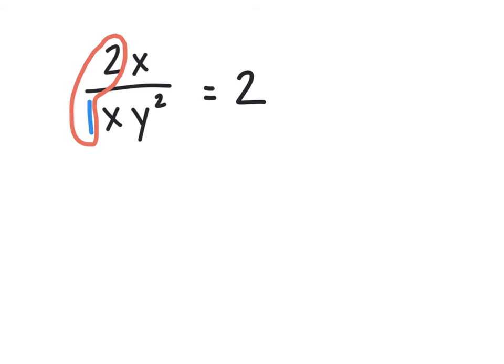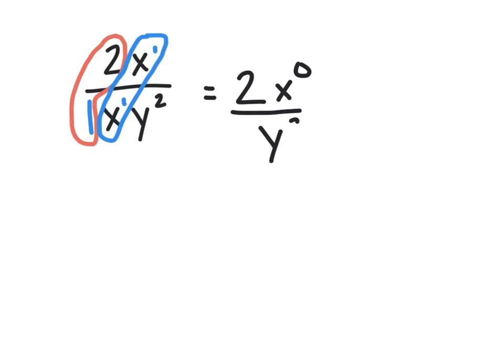Then remember that these x's both have the first power on them. So this is x to the 1 divided by x to the 1, which is x to the 0. 1 minus 1 is 0. And in a minute we're going to turn that into a 1. And since there's nothing here to subtract for the y squared, that thing stays on the bottom in the denominator.